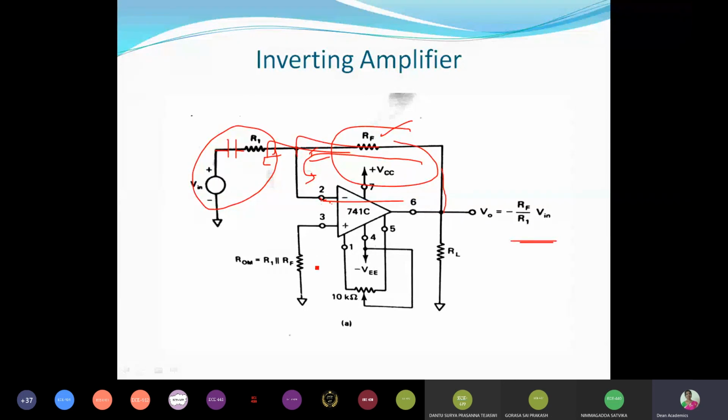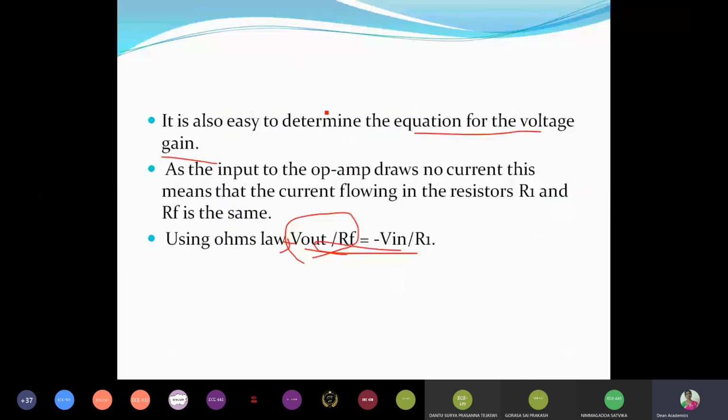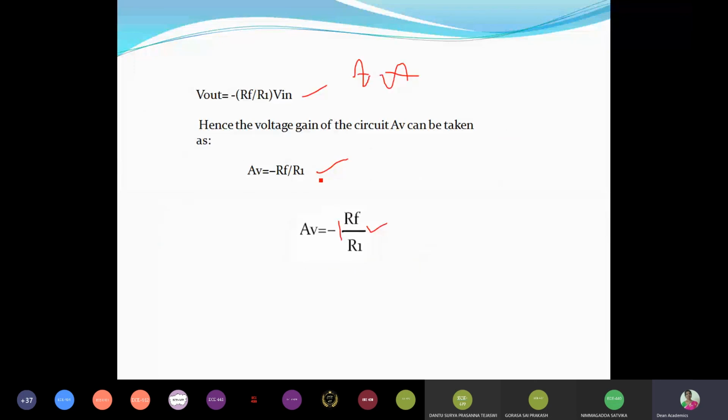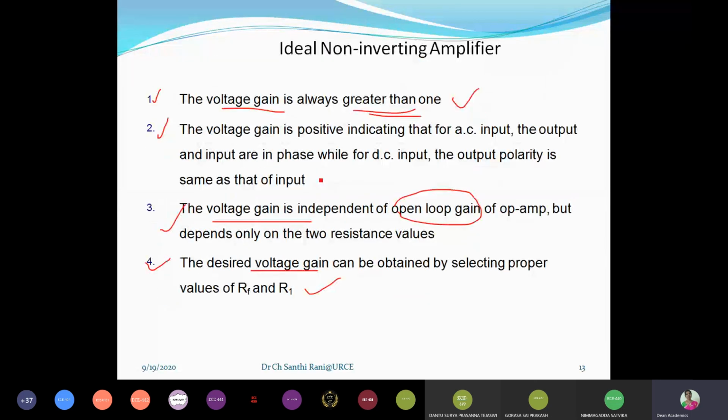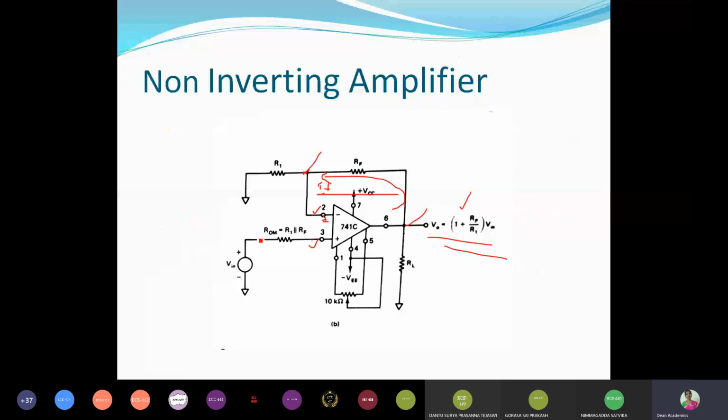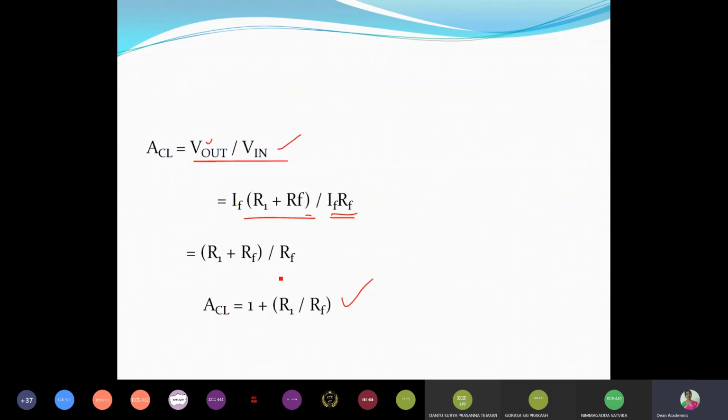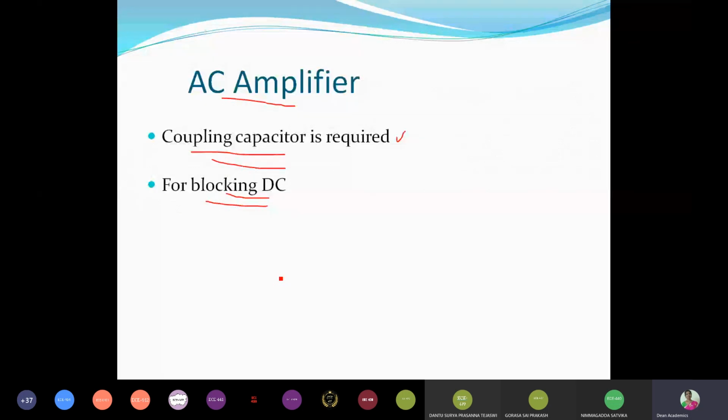The remaining things are the same. That is the AC amplifier in inverting mode. Now, for the AC amplifier in non-inverting mode, you connect one capacitor just after the signal source. So the inverting op amp, for both AC amplification and DC amplification, is the same except for one coupling capacitor.